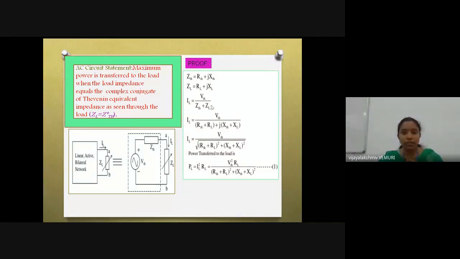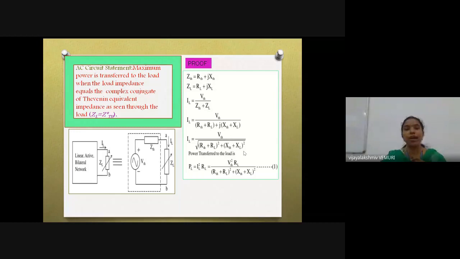After that, you substitute the ZTH value, which gives RTH plus RL plus j into XTH plus XL. So we have written this in the form of a real part and imaginary part. After finishing this, IL is equal to VTH by root over RTH plus RL whole square plus XTH plus XL whole square.